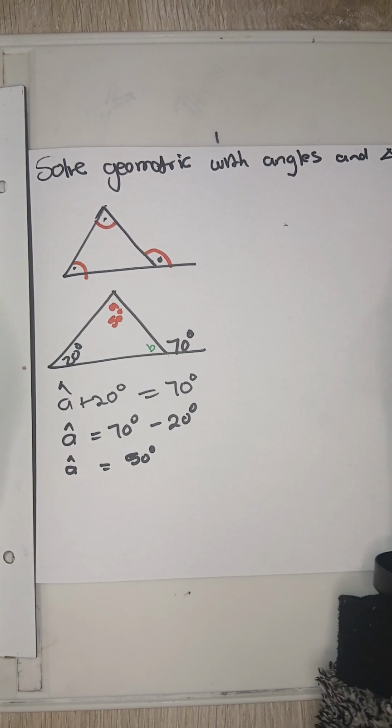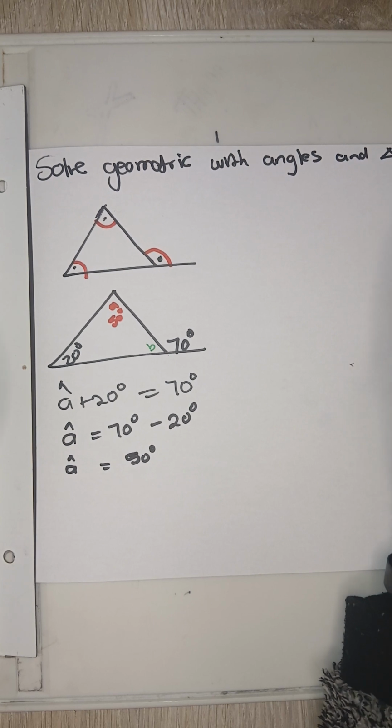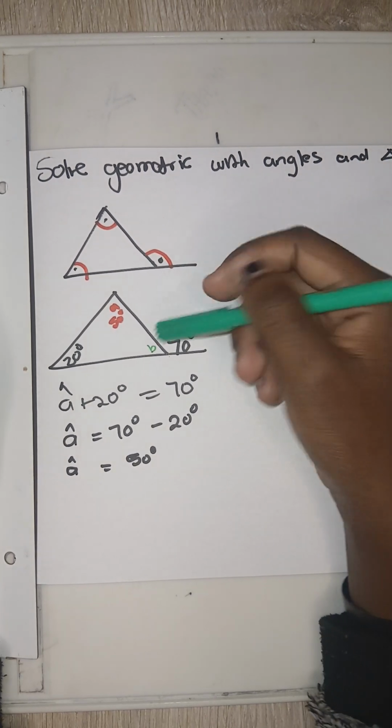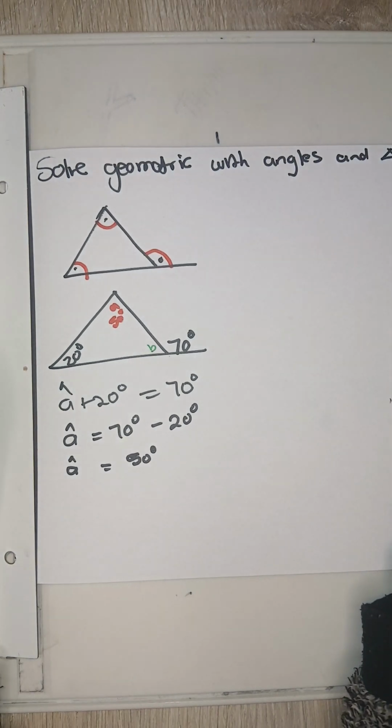Again, the sum of angles on a straight line is equal to 180. This angle plus this angle also must give us 180 degrees.